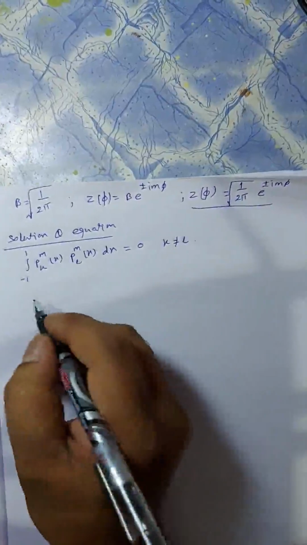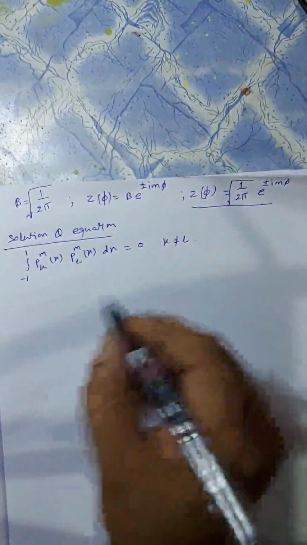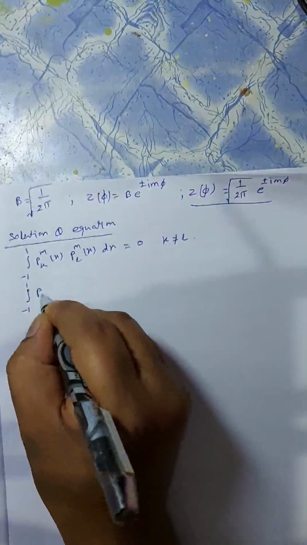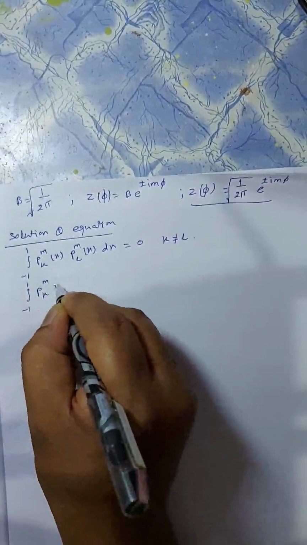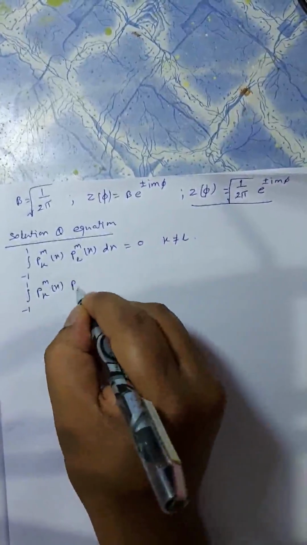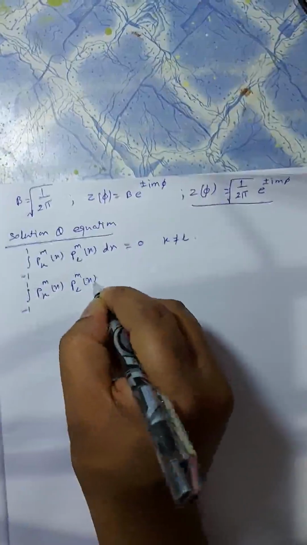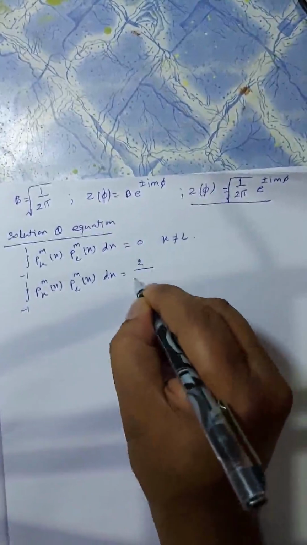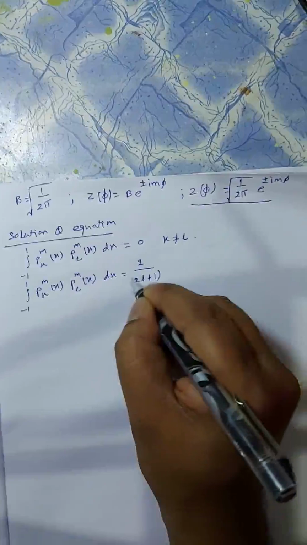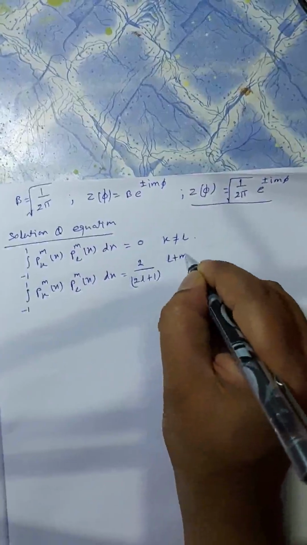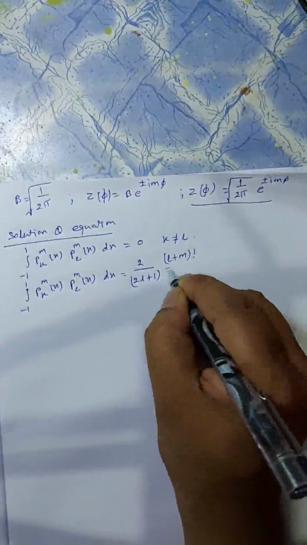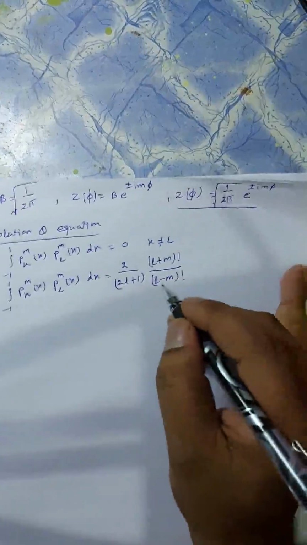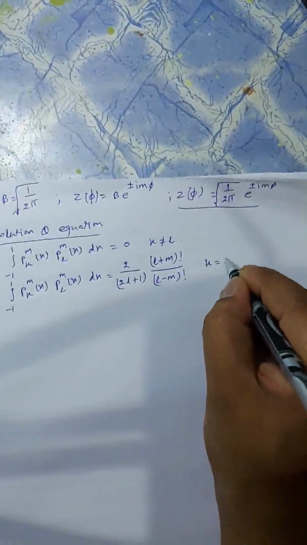Then what happens? Another equation is when k is equal to l: the integral from minus 1 to 1 of P_k^m(x) P_l^m(x) dx is equal to 2 divided by (2l plus 1), times (l plus m) factorial divided by (l minus m) factorial, when k is equal to l.